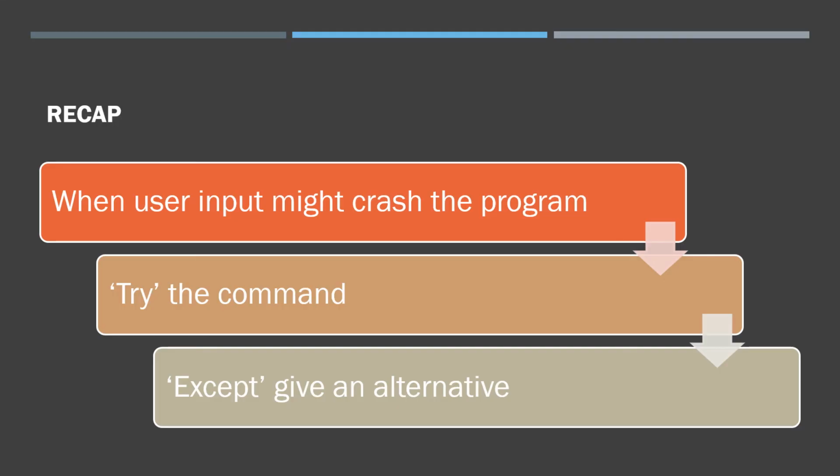So let's recap exception handling. We use the exception handling structure when we're concerned that the user input might make our program crash for one reason or another. We try the command that could be problematic, and we give an alternative which the computer can use if the first command doesn't work.